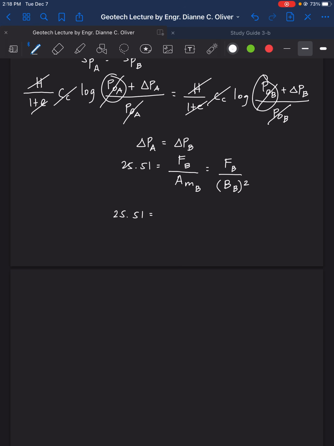Okay? So, we now have here 25.51 equals the force, 900, all over 2.7 plus small b, and this is squared. So, what's now the value of b?